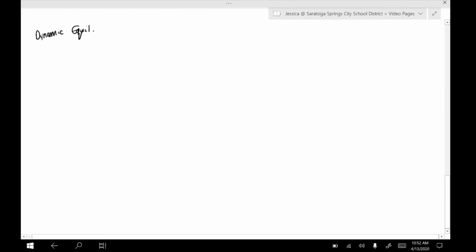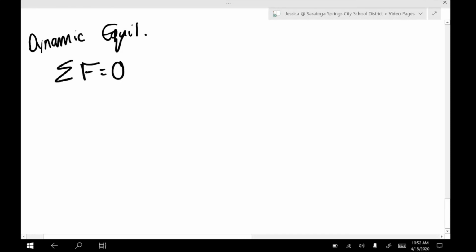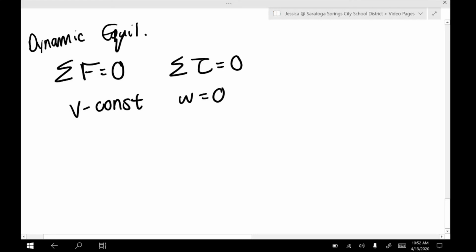The last thing I wanted to talk about is dynamic equilibrium. In dynamic equilibrium, we still have a net force equal to 0 and a net torque equal to 0. But in either of these situations, we're either moving at a constant linear velocity and at rest rotationally, or we're at rest linearly and omega is constant.